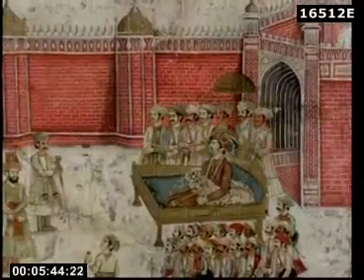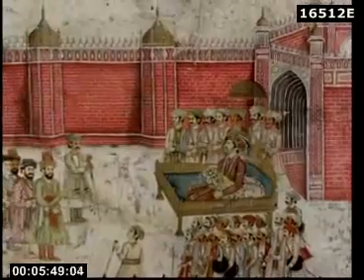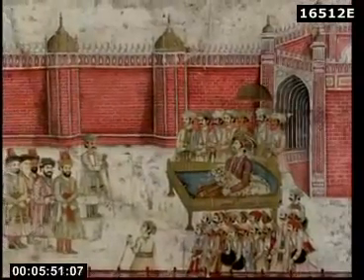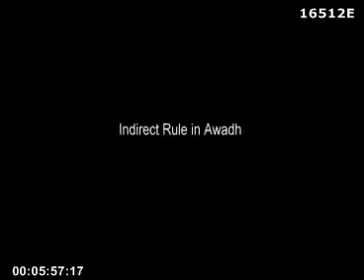The company was interested in the revenue of the province. The company had certain financial advantages. The company was involving the king or the ruler of Awadh in various kinds of structures of domination. That is the kind of argument that comes up. And some people label it as a kind of indirect rule.